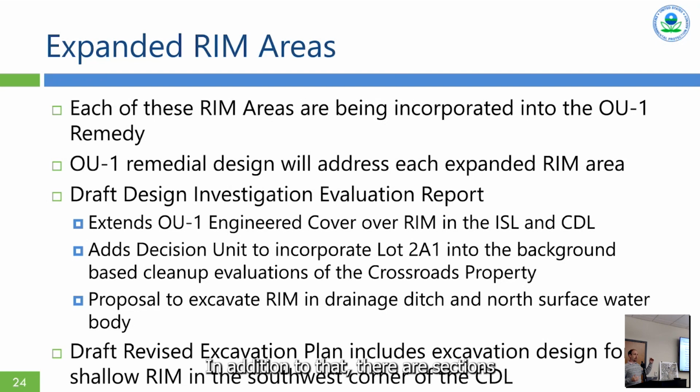In addition, there are sections in that report that discuss the path forward for lot 2A1 in the crossroads area, in the drainage ditches east of Area 1 and in the north surface water body. And what that document says right now is that the PRPs propose to excavate all of that RIM.